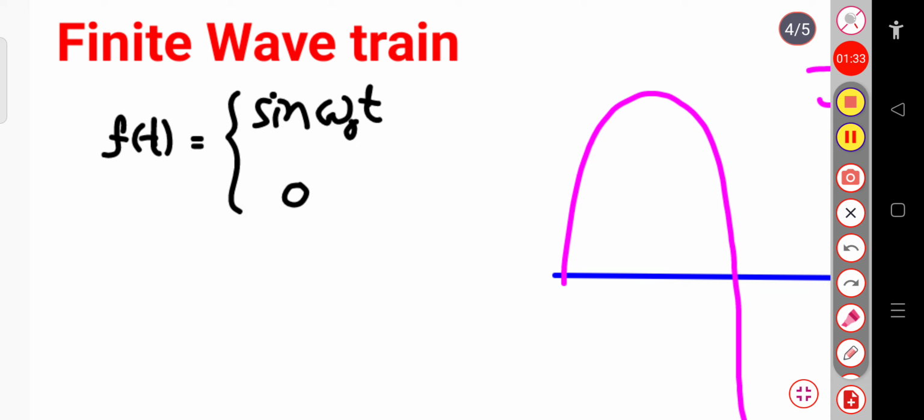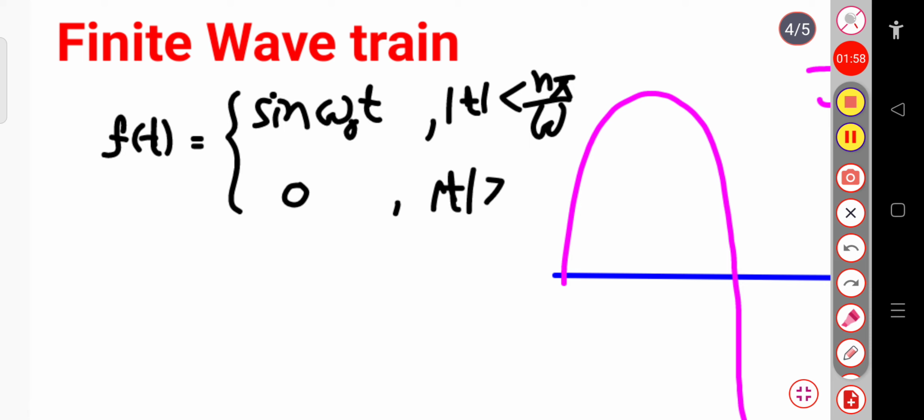Suppose the function contains two values, that is sine omega naught t, and another value is 0, under some condition. When the modulus of t is less than n pi by omega, then the function will have the value sine omega naught t, and its value will be 0 when the modulus of t is greater than n pi by omega.